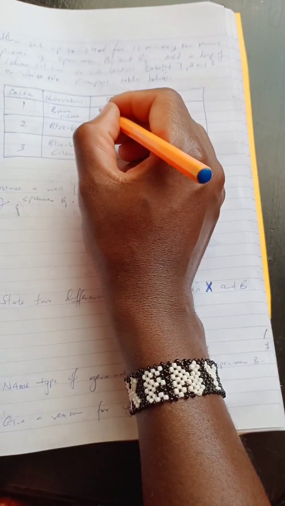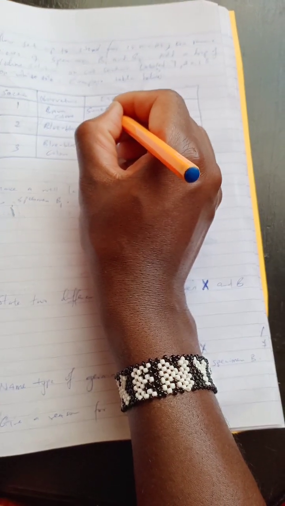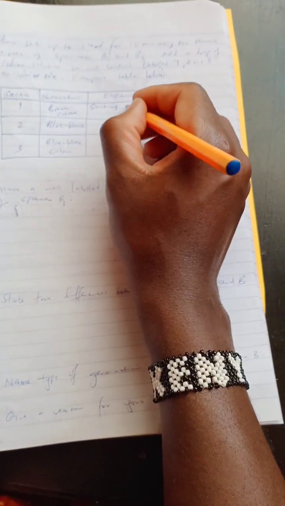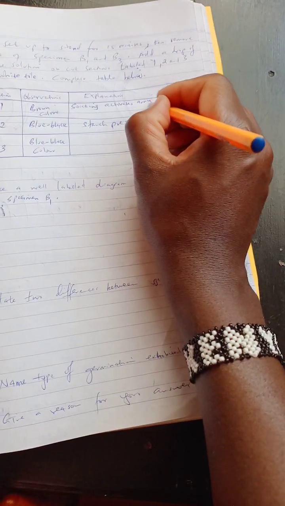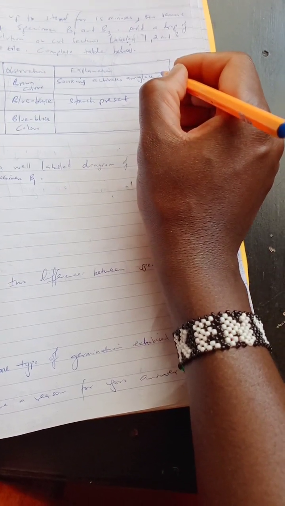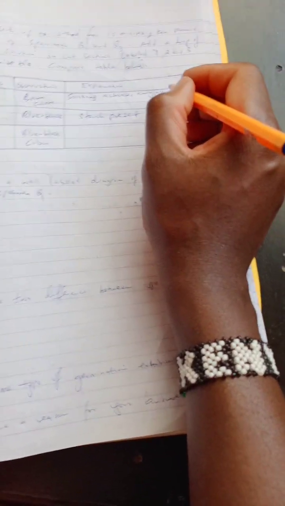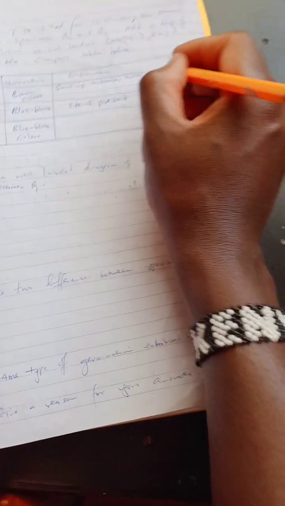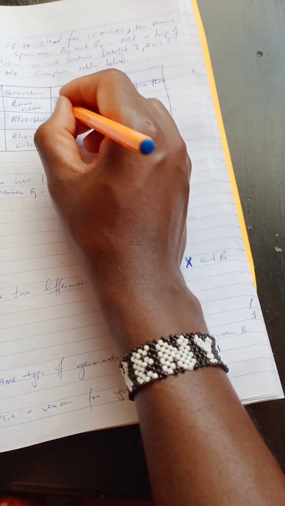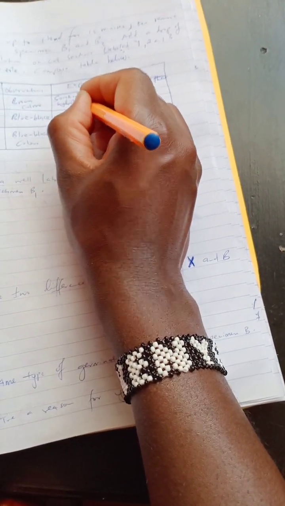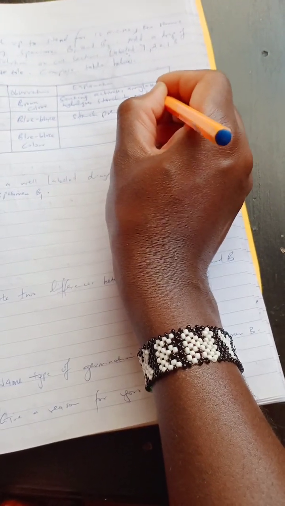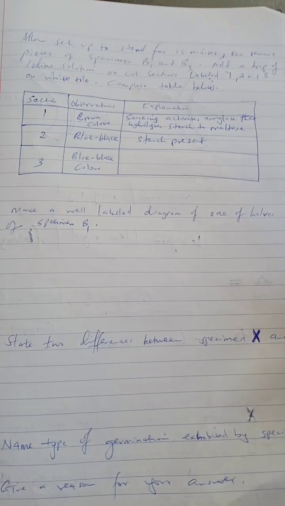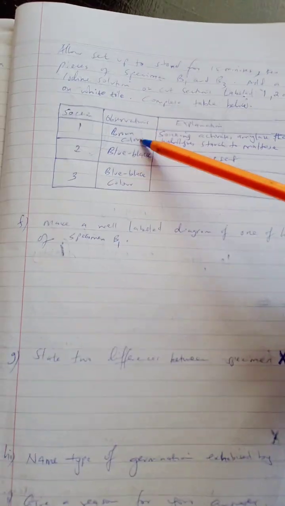So soaking activates amylase enzyme, amylase, which hydrolyzes starch to maltose. That is why when you add iodine solution, the brown color of iodine remains.